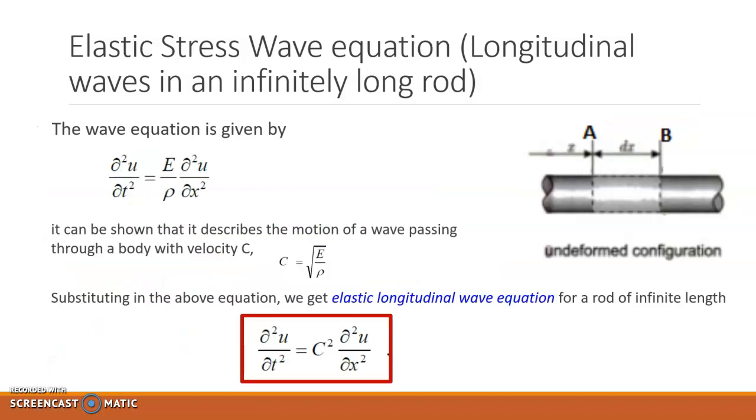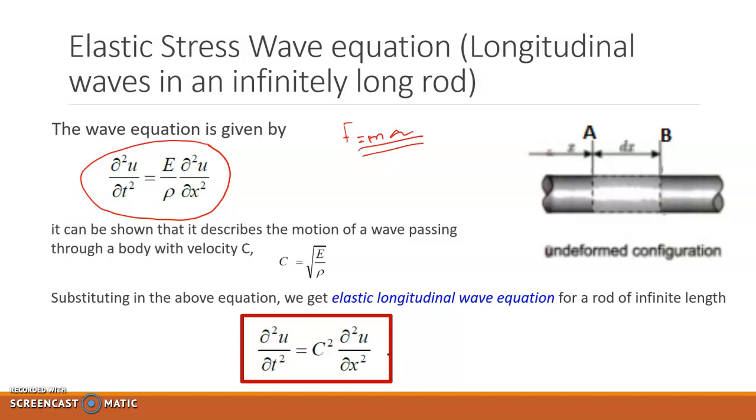Using the basic force equation F equals ma and further simplifications, we arrive at the wave equation: ∂²u/∂t² equals E by rho times ∂²u/∂x².